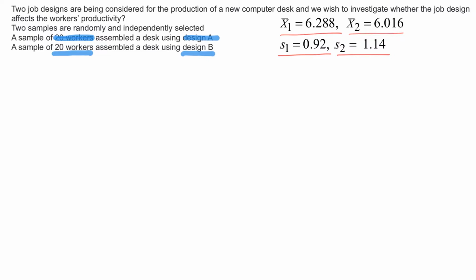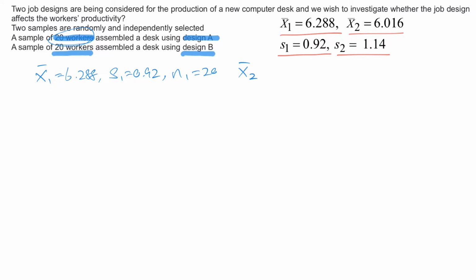And here we have the sample mean of our design A equals 6.288. The sample standard deviation for our design A is 0.92, and the sample size similarly is 20, as we can find out from the question here.